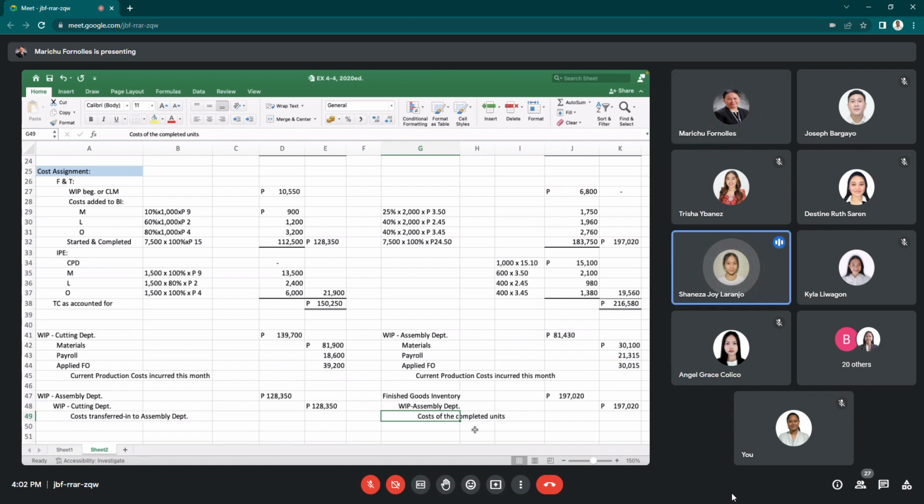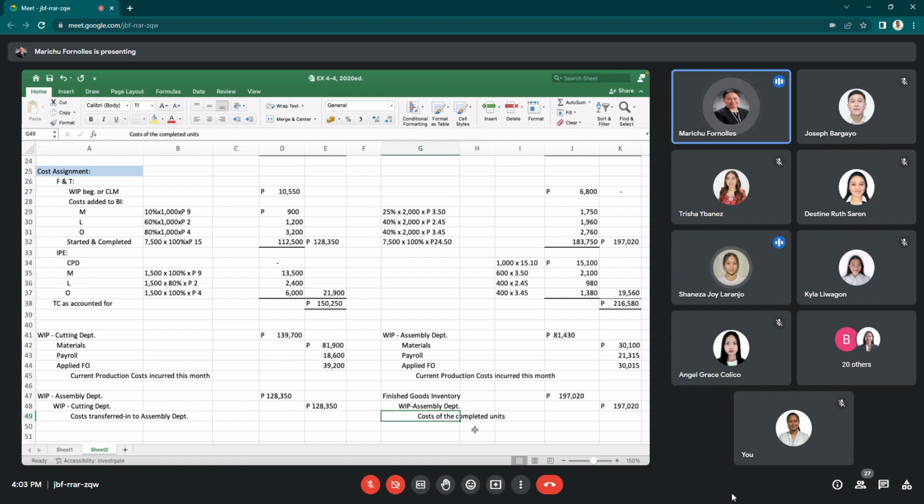Is it necessary to record the total production cost in both departments? Yes, because they are spending that amount while producing the units in their department. So it is how much they spent processing the units that were assigned to them to work on for the month.